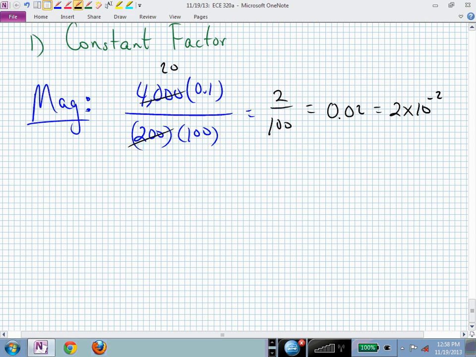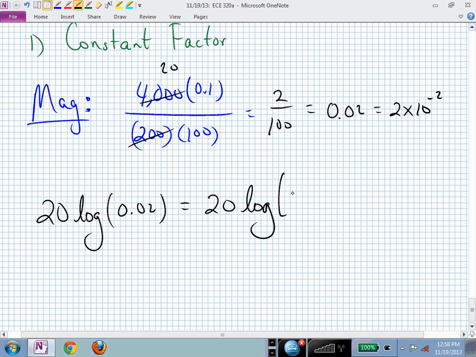That's a pretty small value in terms of the gain. But now I'm looking at 20 times the log of 0.02. But to get a feel for that, I could write that as 20 times the log of 2 times 10 to the minus 2. Because I think we've already figured out what the log of 2 was.